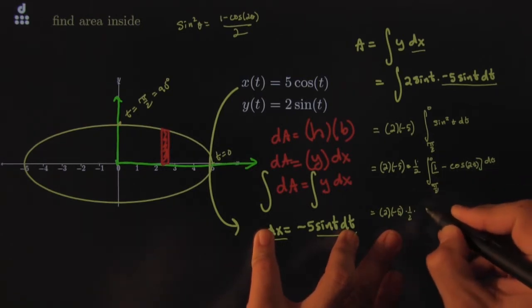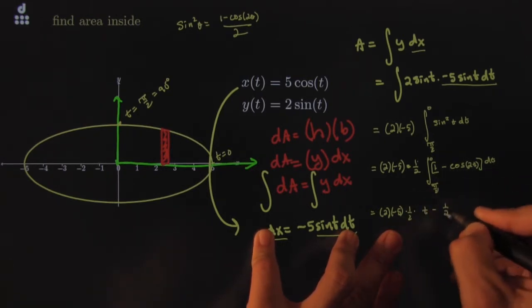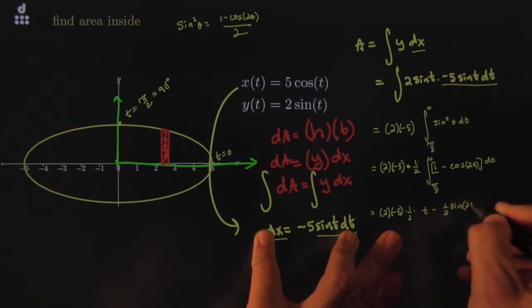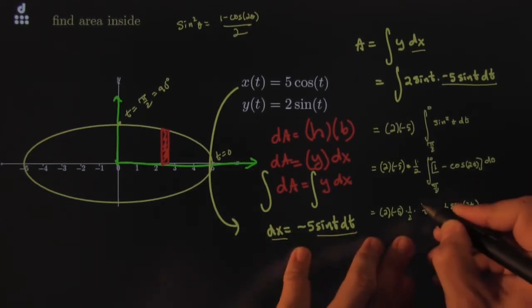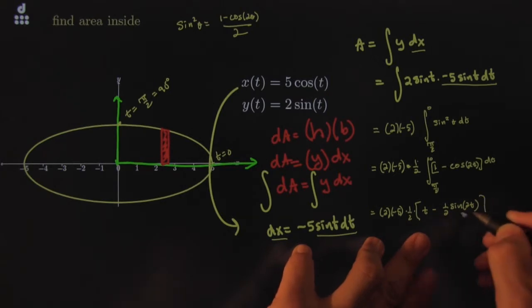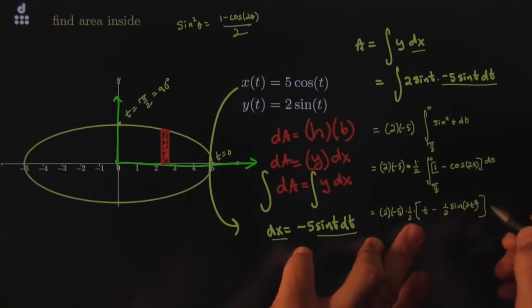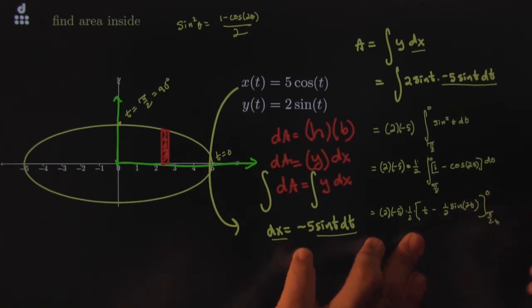So this would be t minus 1/2 sine of 2t. If you're rusty on these, you should do a u-sub. The derivative of sine is cosine times the derivative of the stuff inside, which is 2. That's why you have to have that 1/2. And this is going from 0 to pi over 2.